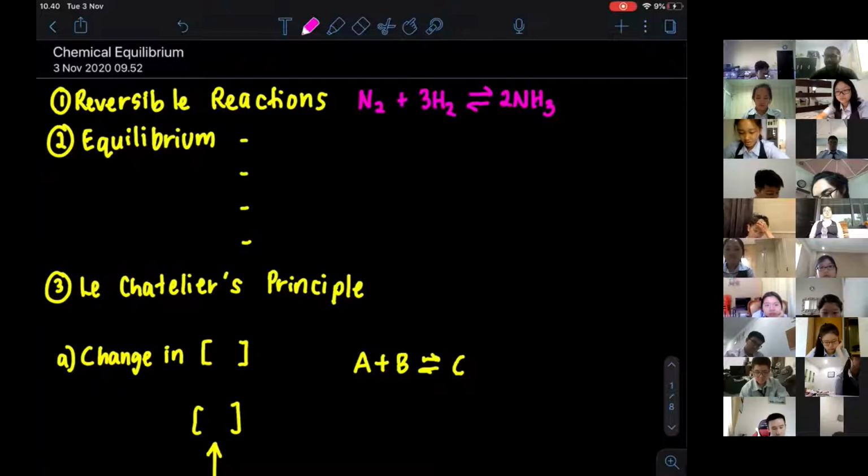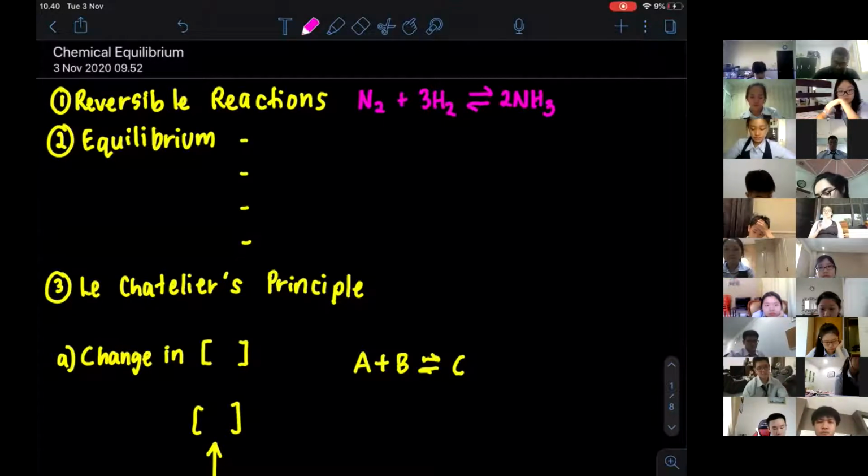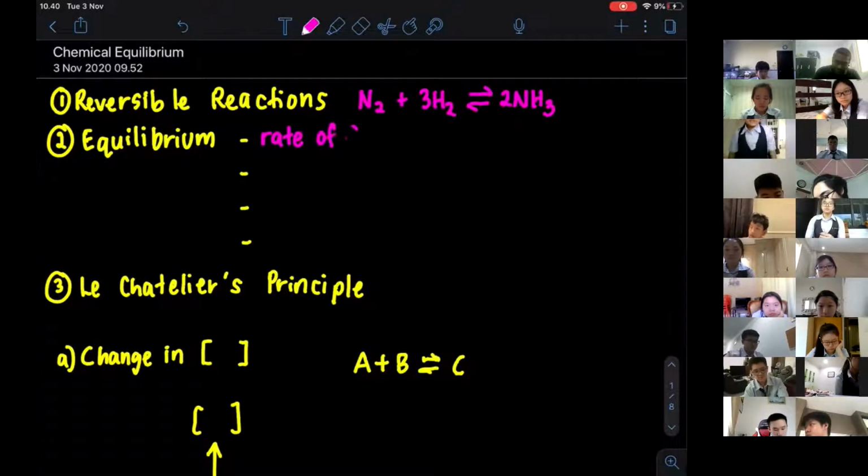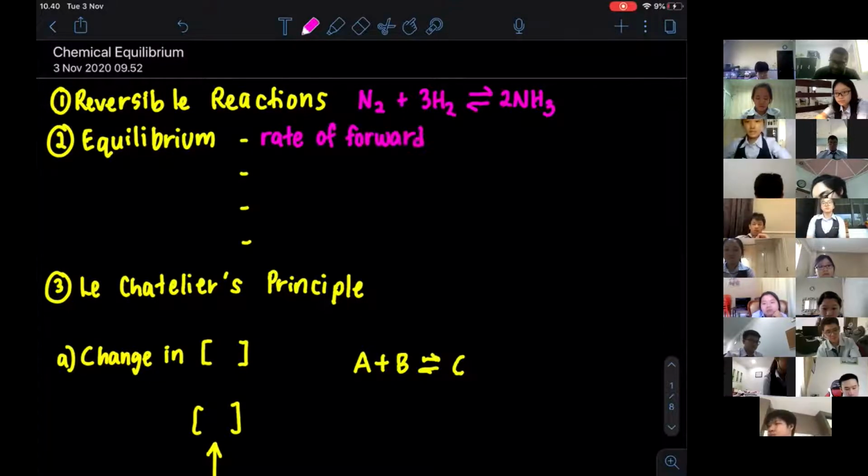Maybe you guys can tell me, Ashley, we have 4 points under equilibrium. What are those? The rate of forward reaction must be equal to the rate of backward reaction.